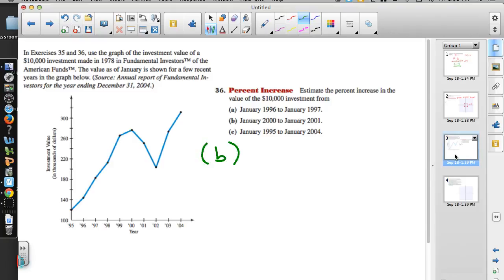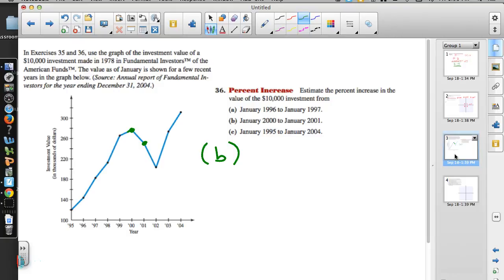In B, we want January of 2000, which is right here, and January of 2001. And I notice this is a decrease, so part of my answer will be that this was a decrease. But I need to know how much the decrease was.